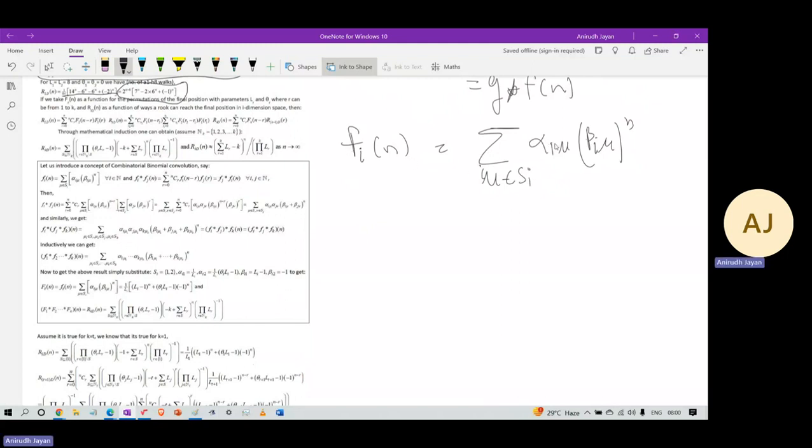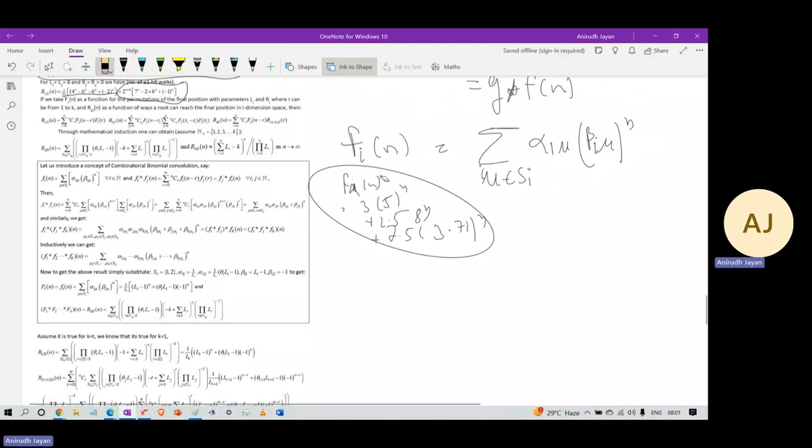Assume f as a linear combination of integer powers. Say, for example, f lambda of n as 3 times 5 power n plus 2.5 times 8 power n plus 7.5 times 3.72 power n, for example. This is your linear combination of powers of n.